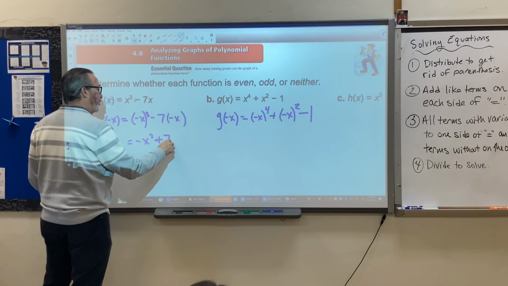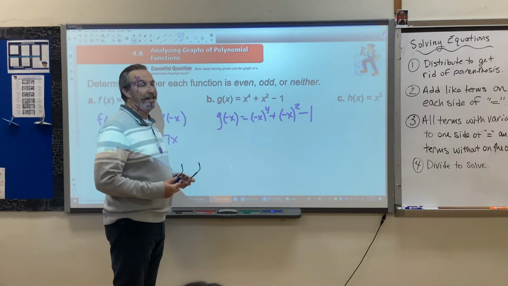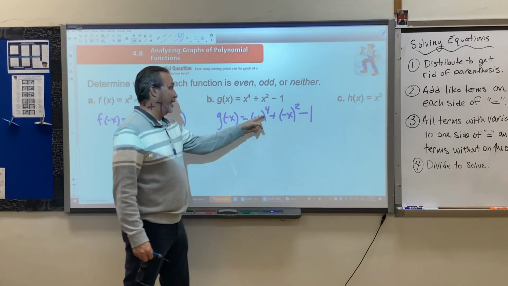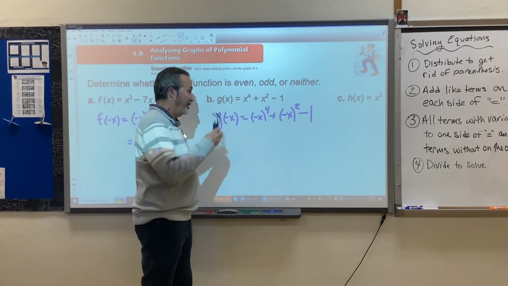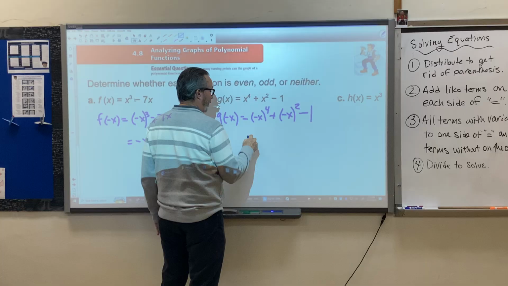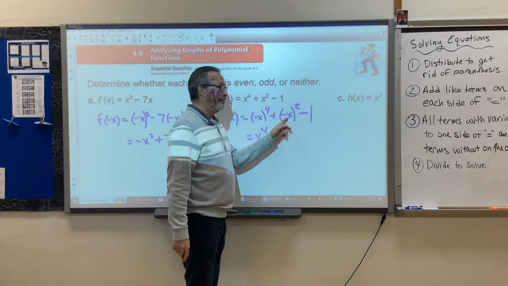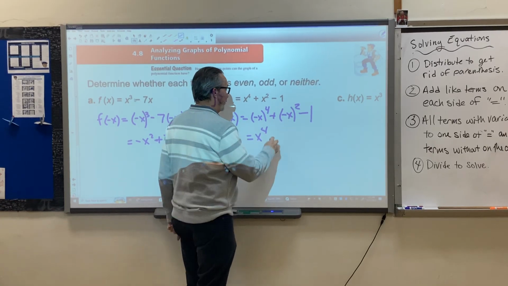Plus 7x. If you have a -x to an even power, the negative disappears. Because a negative times a negative times a negative times a negative, that's 4 of them, make it positive. So if we have a -x to the 4th power, the negative disappears. -x times -x is x squared.